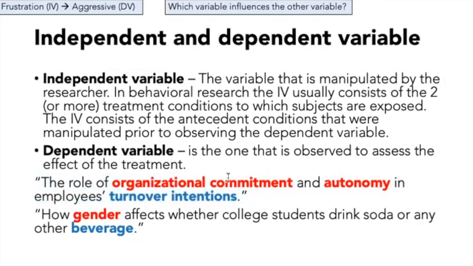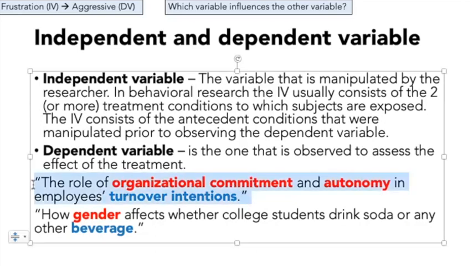So if you are committed, if you are autonomous, probably there is no need for you to go out from the existing job. But if you don't feel you are committed, you have no autonomy, probably you might be thinking of quitting your job. Now this is exactly what we plan on finding in this particular research. The role of organizational commitment and autonomy in employee turnover intentions.